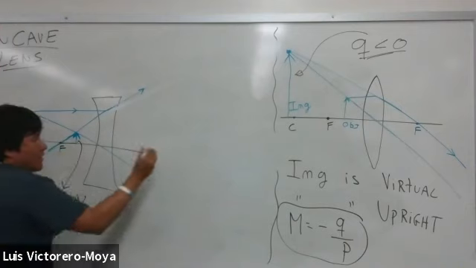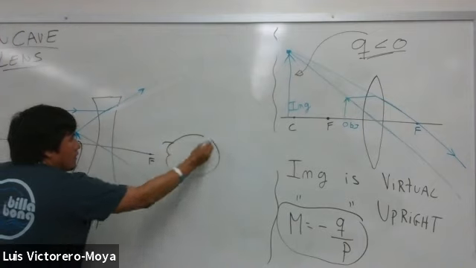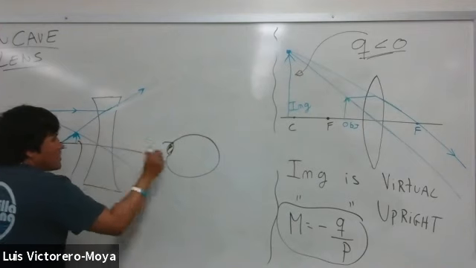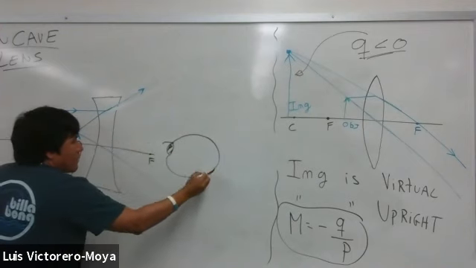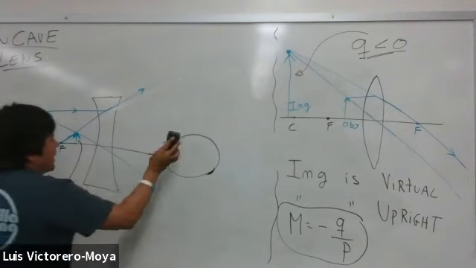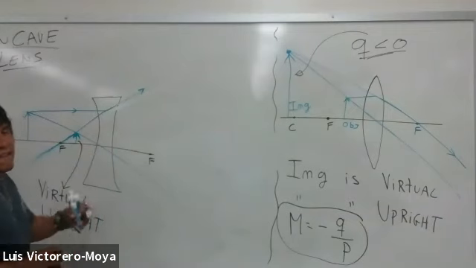So if you have your eye here, that's your eye. It will look at the image exactly on the retina. We'll talk about that a little bit next class because we have applications for both nearsighted and farsighted people.